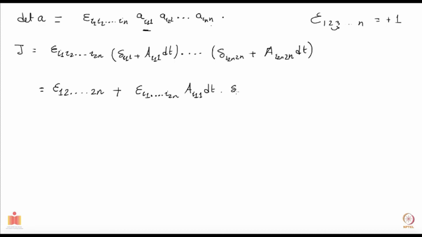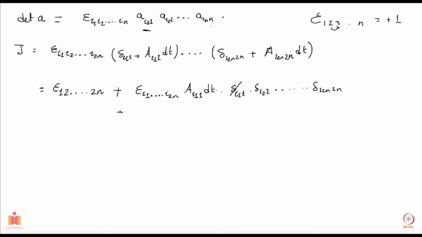I'm just writing delta I1 1 also, but it is not there, so I will just strike it off. This factor is missing in this one.